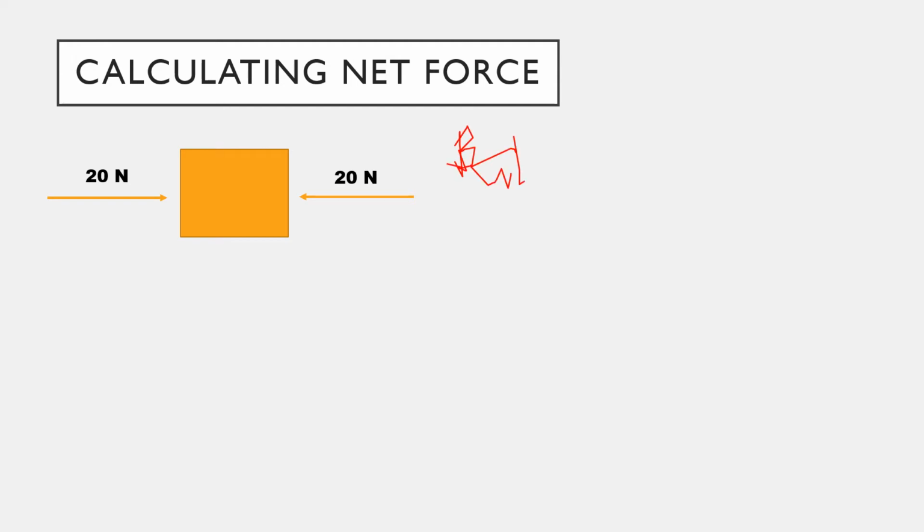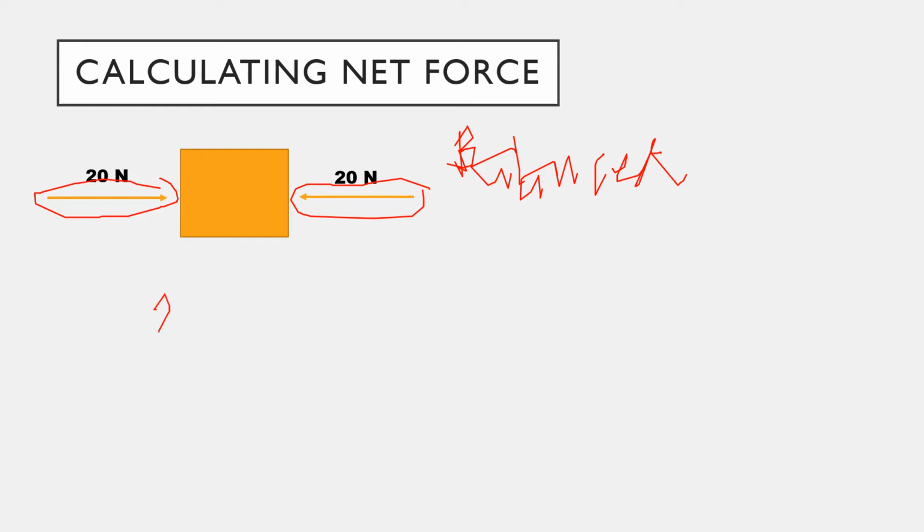Okay? So we have here balanced forces. Next, you will notice that from the arrow, it's going to the right and this arrow is going to the left. If the directions are not the same, the operation that you need to do is subtraction.